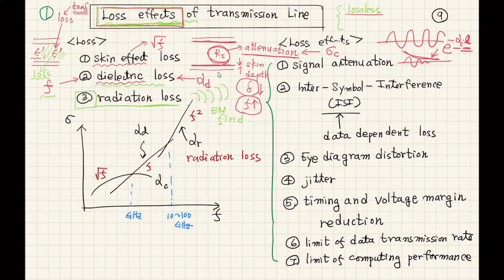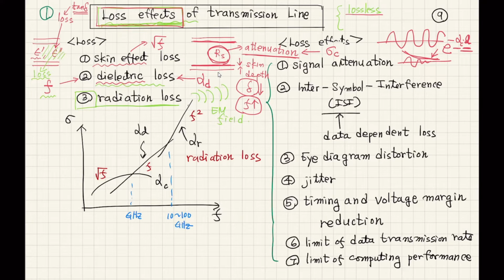So this slide is a kind of summary of class today. Once again, I'd like to say that we have three important losses of an actual transmission line, especially at very, very high frequencies. As I mentioned many times, high-speed interconnections such as for USB, next generation USB, PCI Express, and HDMI all go beyond 10 gigabits per second, and in the near future, systems will ask for more than 100 gigabits per second.